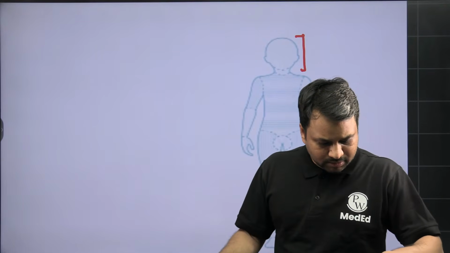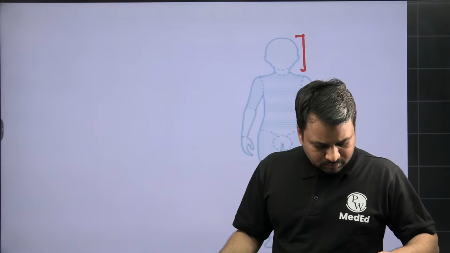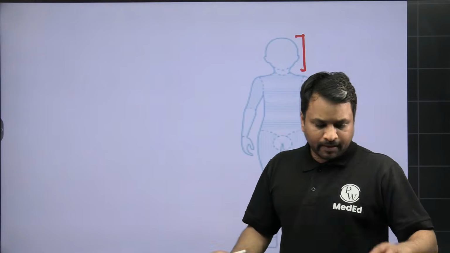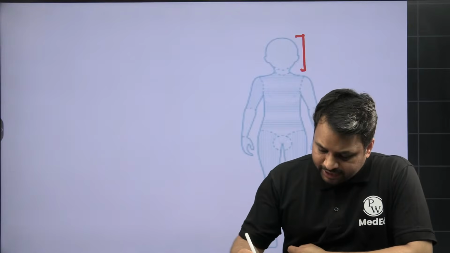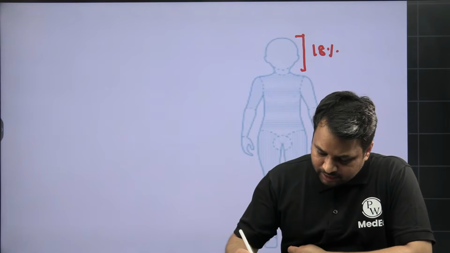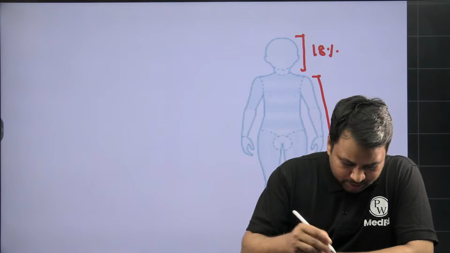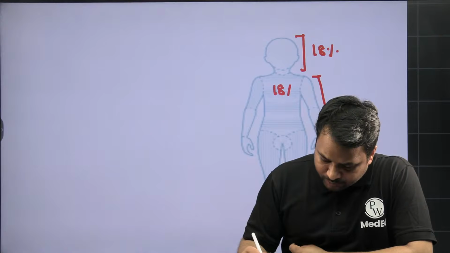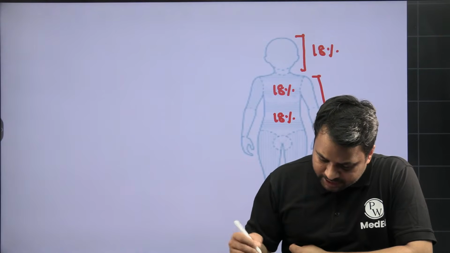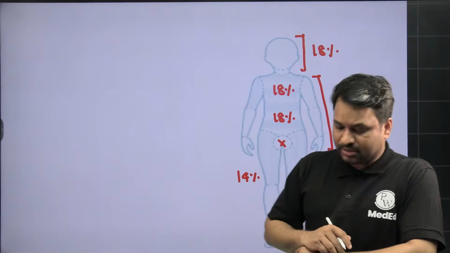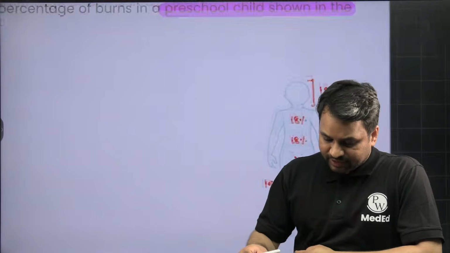Clear, guys? In the child, the head and neck is going to account for 18%. The upper limb is going to be 9%, the anterior trunk and the posterior trunk are going to be 18% each. The lower limb is 14%. There is no perineum that exists here, right?